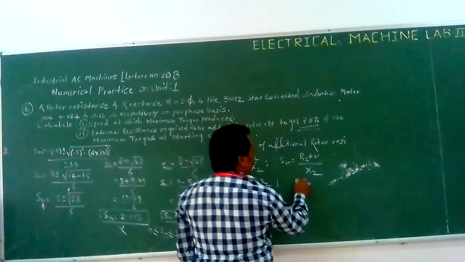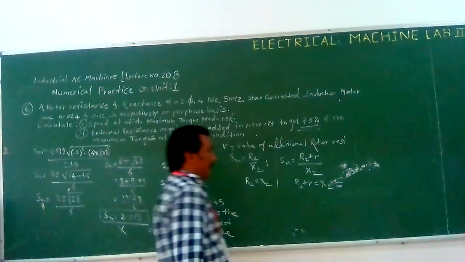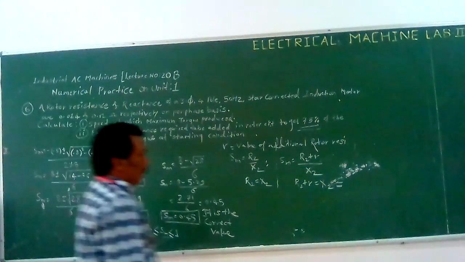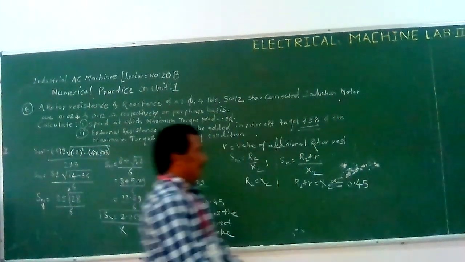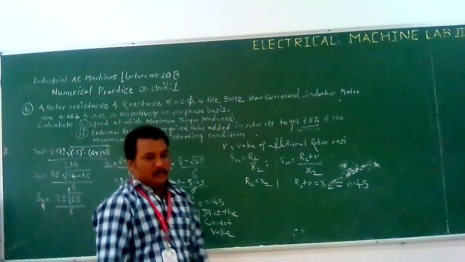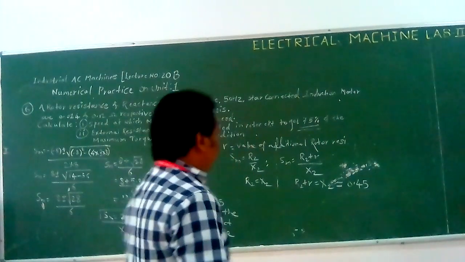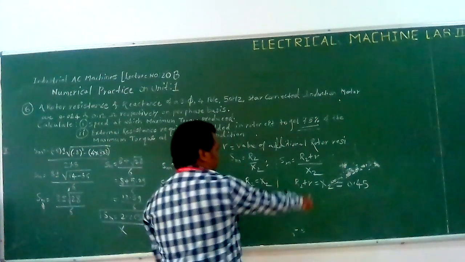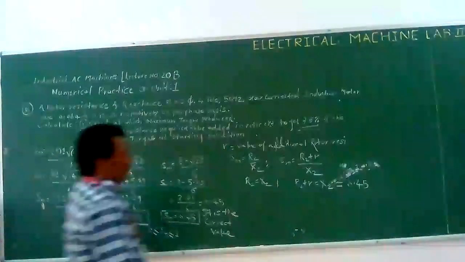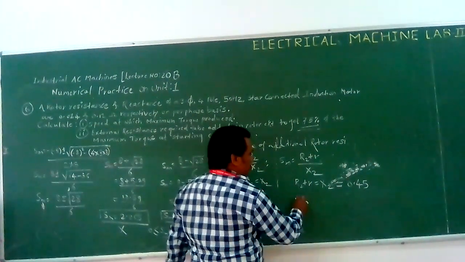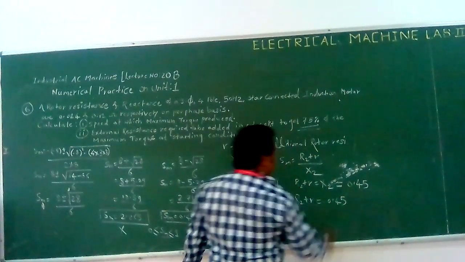Here R2 plus R is equal to X2 times Sm, and the value of maximum slip is 0.45. X2 is already given in the numerical as 0.12.